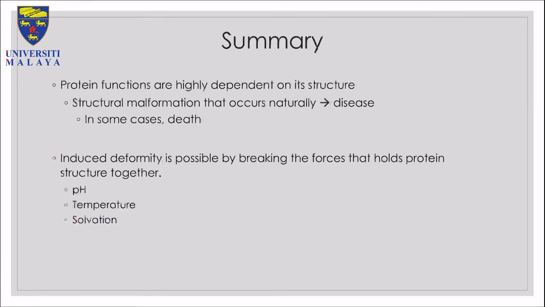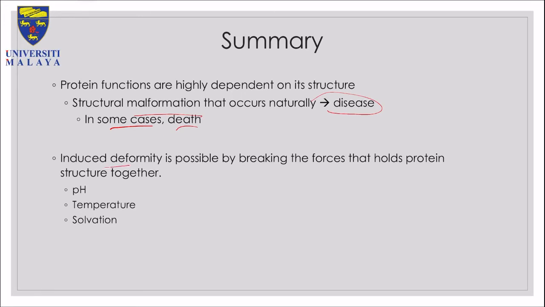All right. So a summary for this section is basically protein functions are highly dependent on its structure. Structural malformation that occurs naturally forms a disease. In some cases, it can also lead to death. But structural deformation that occurs unnaturally, like cooking and whatnot, might not cause death, but you still need to cook it to eat, right?